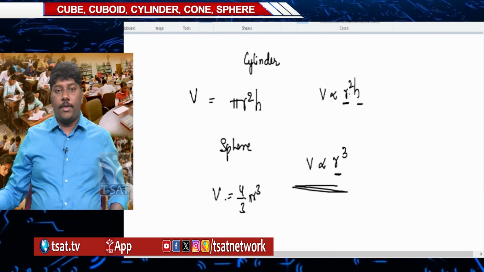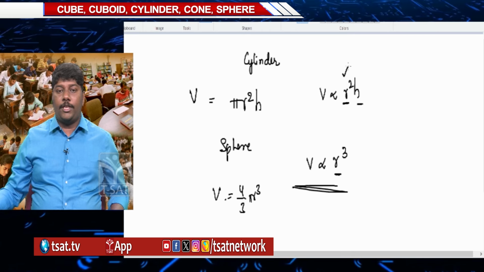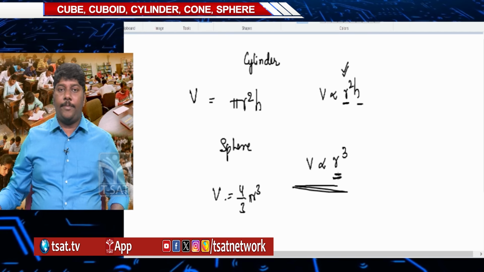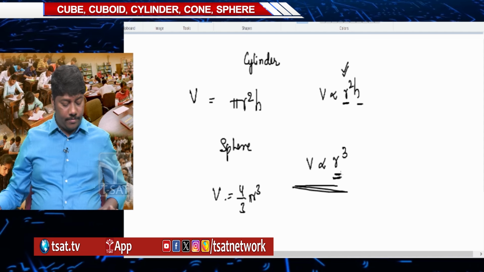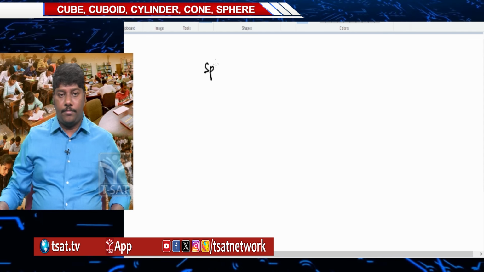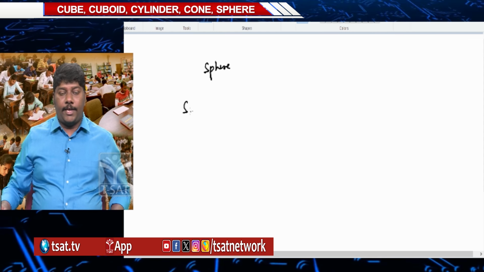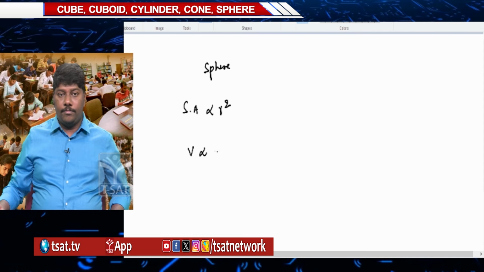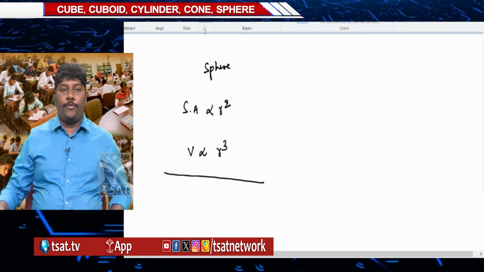Remember, if height is a constant, then volume varies with the square of radius. Here there is no height, therefore it depends completely on radius. For a sphere, surface area varies with the square of radius. When it comes to volume, it varies with the cube of radius.